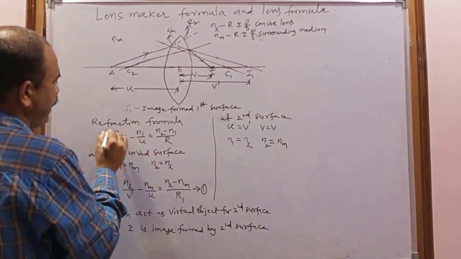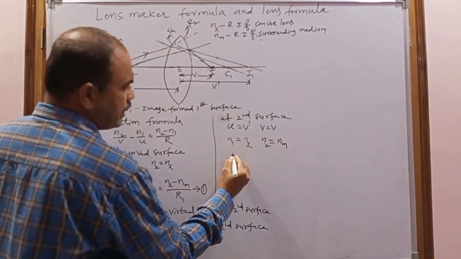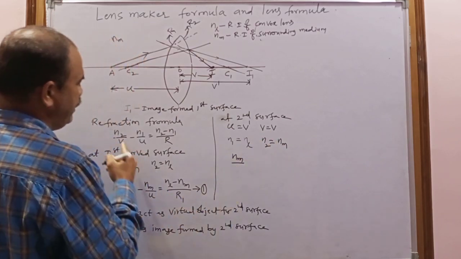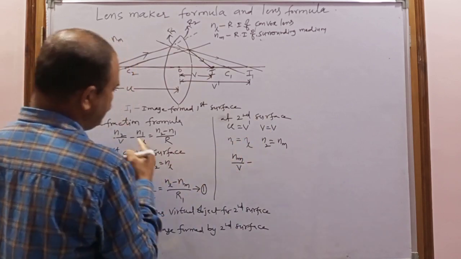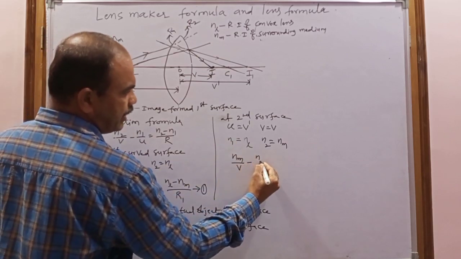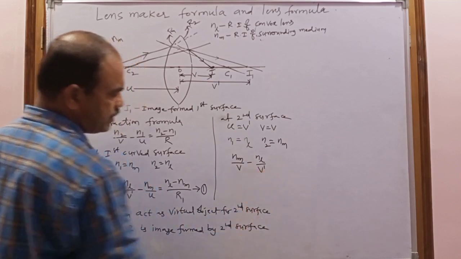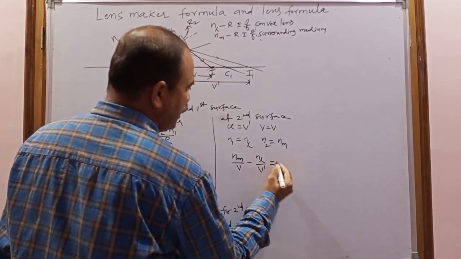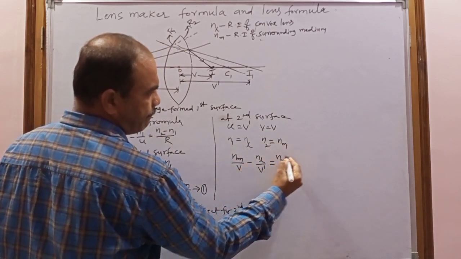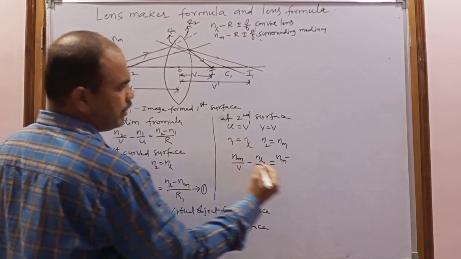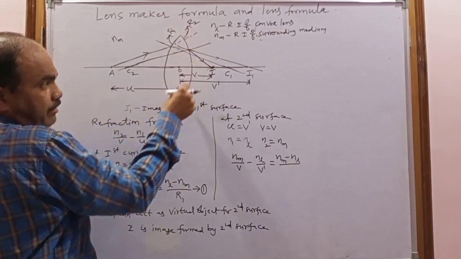Now apply the refraction formula at the second surface. N2 is nothing but Nm, the refractive index of the surrounding medium, divided by V, the image distance, minus N1, the refractive index of the lens, divided by the object distance, which is V dash, equal to N2 minus N1 by R. N2 is Nm and N1 is Nl, divided by R, the radius of curvature of the second surface.